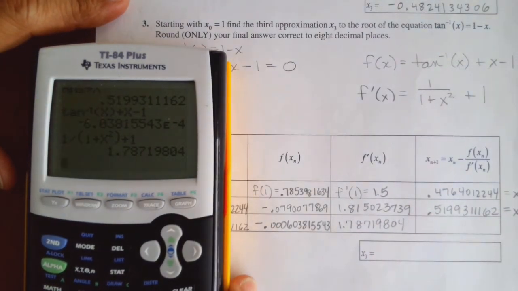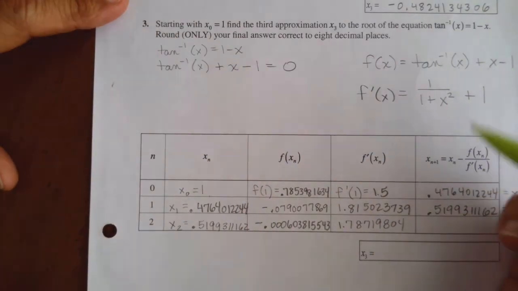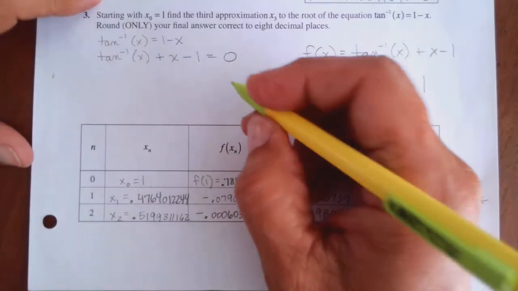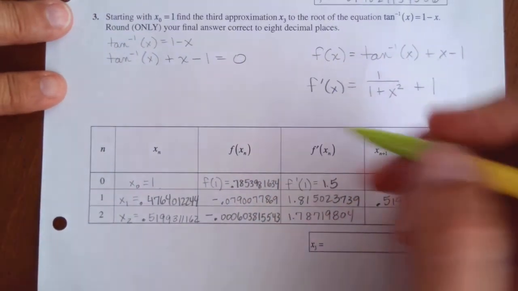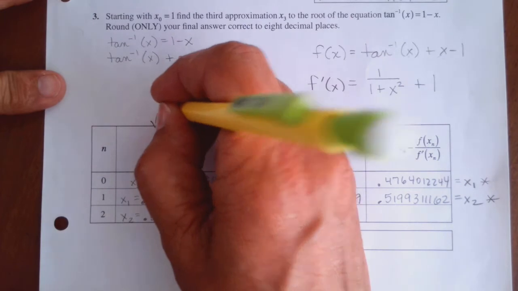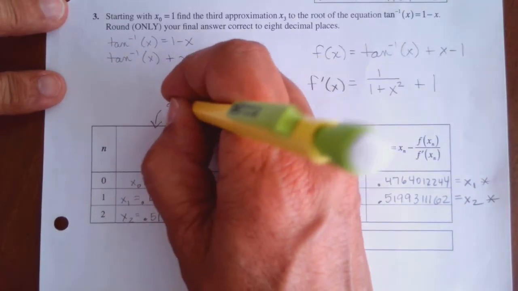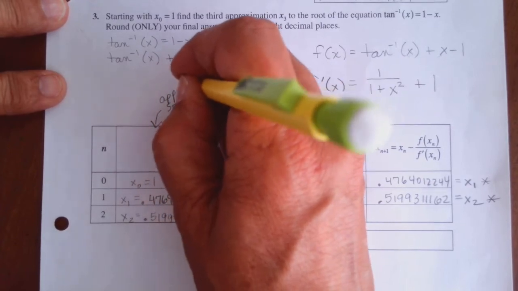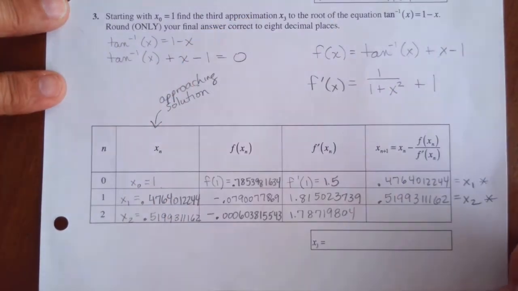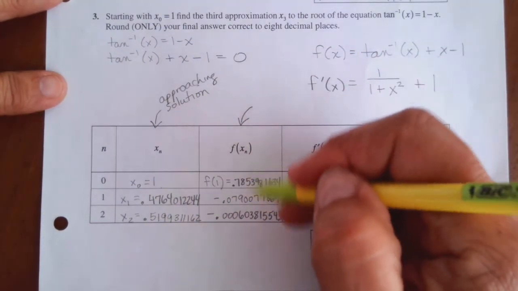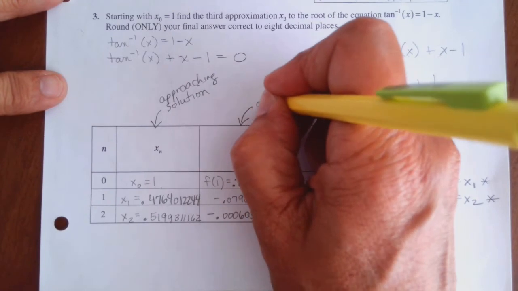Now, remember, when you're doing function values, your guess needs to be approaching your solution. And your function value, the y, this is your actual y value, needs to be approaching 0.